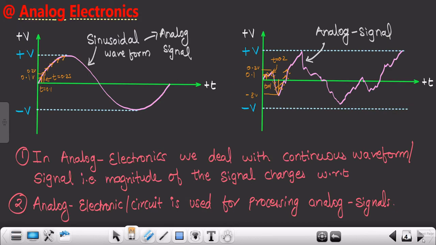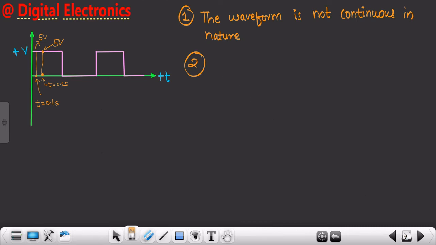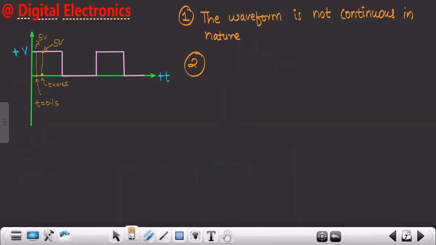So the second point was digital electronics, or the circuit is used for processing a digital signal. Just a second, I will write that particular point.